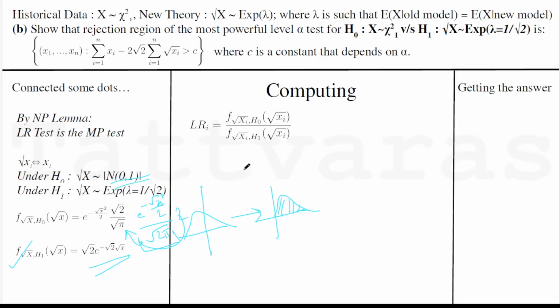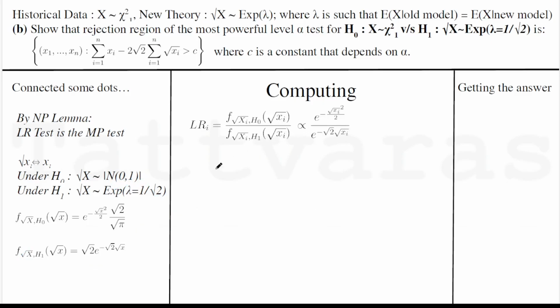Now, for the likelihood ratio, we'll start with one statistic only, and then we'll generalize to n observations. It's simple. It's the ratio of the PDF under null and alternate. And if you substitute these two values over here, you will get something proportional to this.